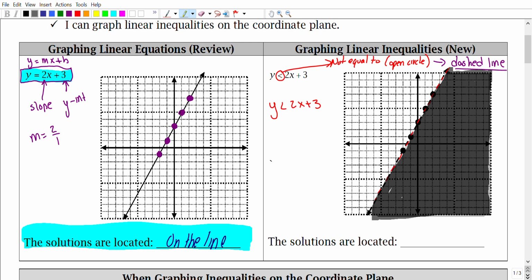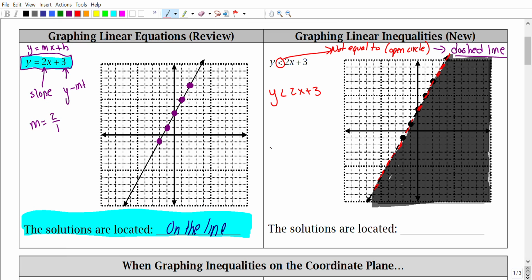It's already shaded on your particular sheet, so you don't have to shade it in like I just did. But just remember that this remains a dashed line, still dashed, but we're just shading below because it's less than.